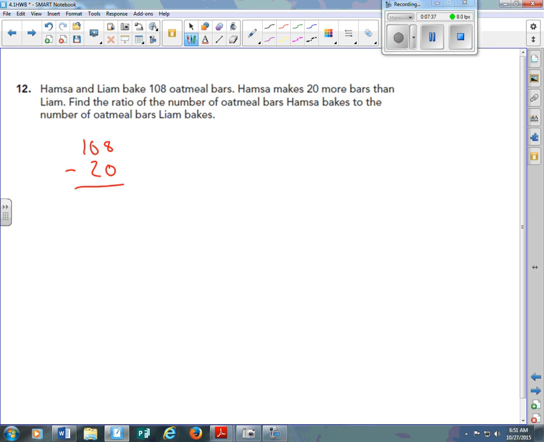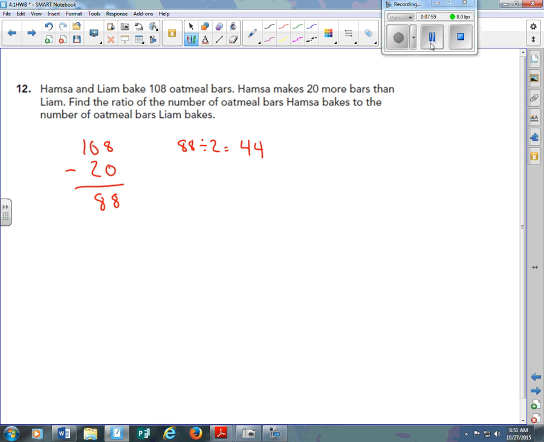We now know that between the two of them, they both at least baked 88. Well, there's 2 people, so 88 divided by 2 equals 44.